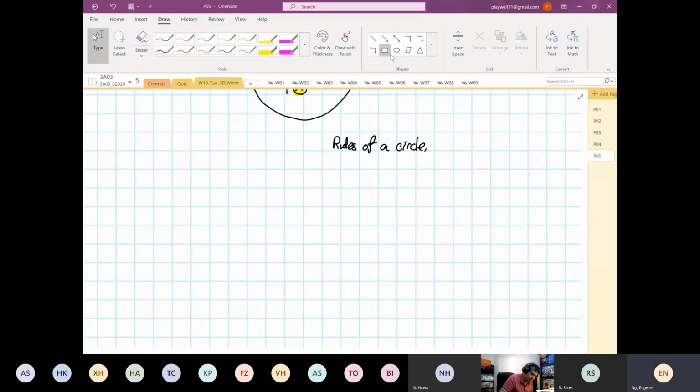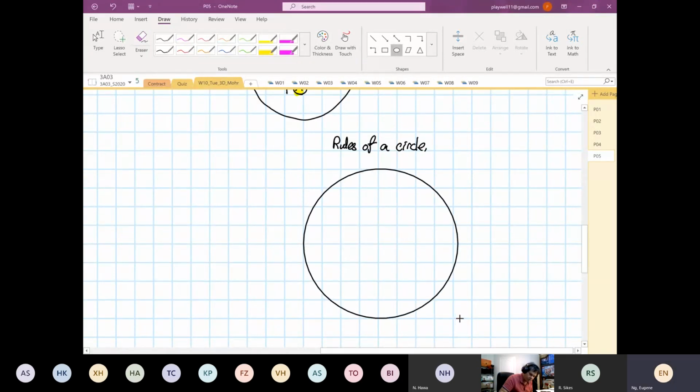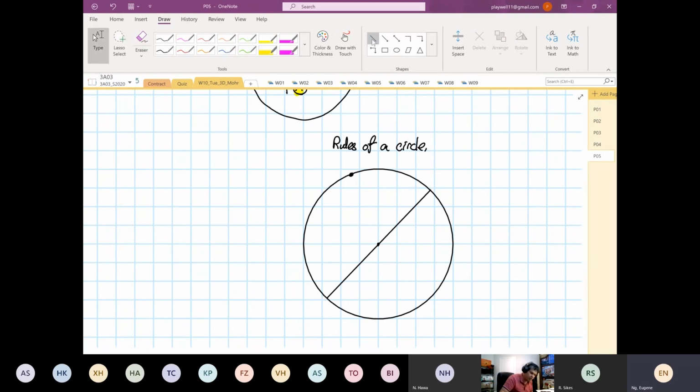If we were to construct a circle, you draw any circle now. Okay, so this is a circle, right? And from here, we know that this is the center point. And if we were to draw a line across it, there's the diameter. And if we were to pick a point here, and join that point with the 2 points that form the diameter of the circle, can anyone tell me what is this angle?